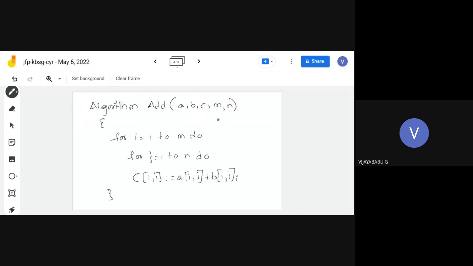So this is a simple addition of two matrices. So we have considered the double dimensional arrays.